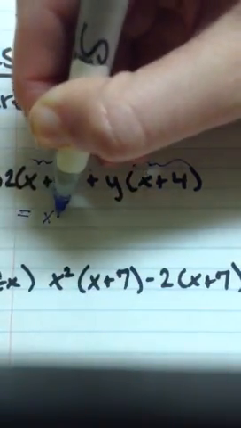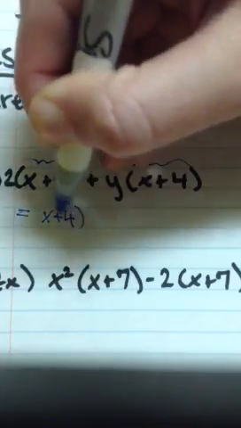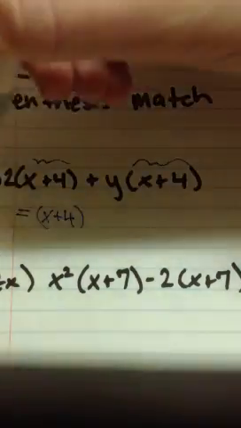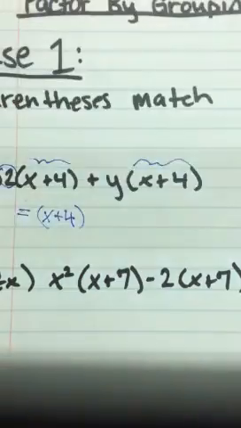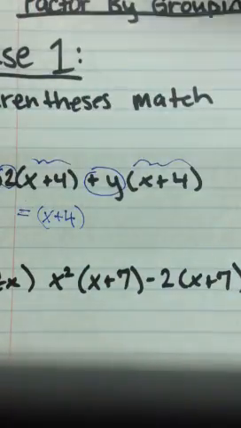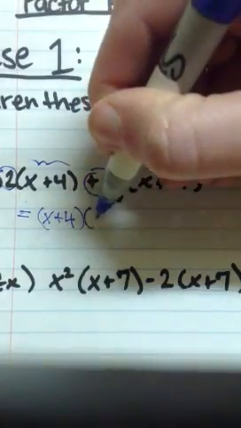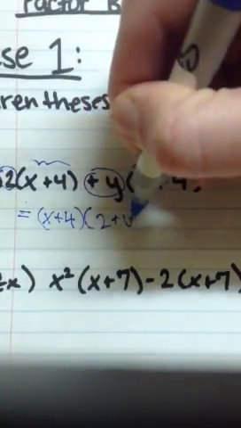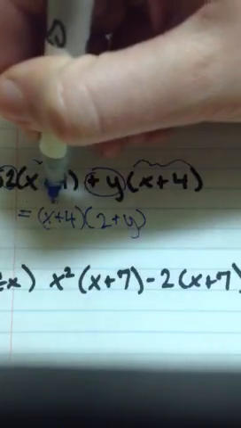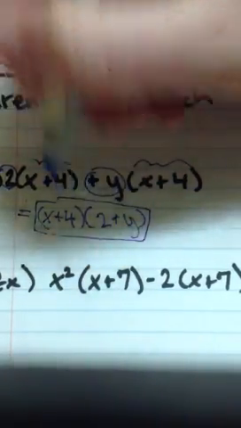In one set of parentheses, I have x plus 4. And then what comes in my second set of parentheses is what's left over. I have a 2 left over from the first one, and a plus y left over from the second one. Those two things go in my second set of parentheses. So what I get is x plus 4 times 2 plus y, and that would be my final answer.